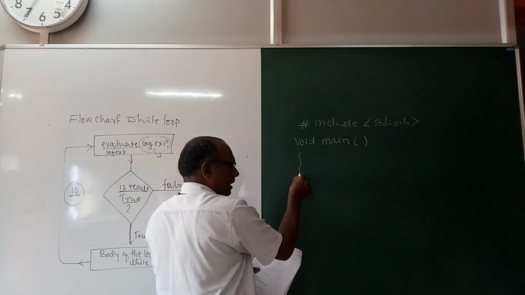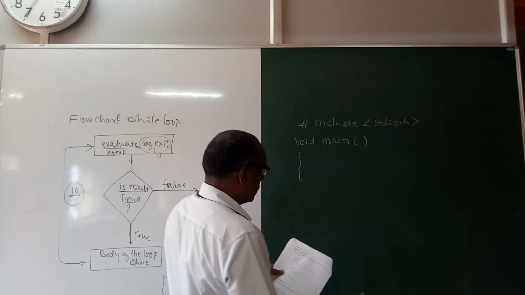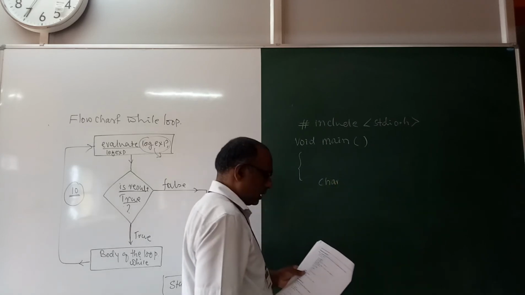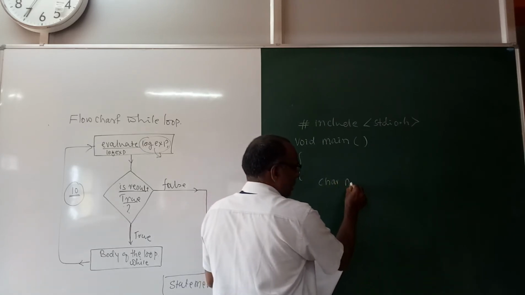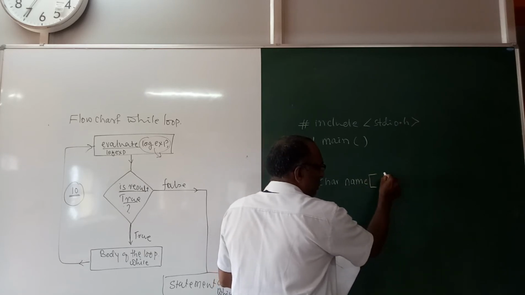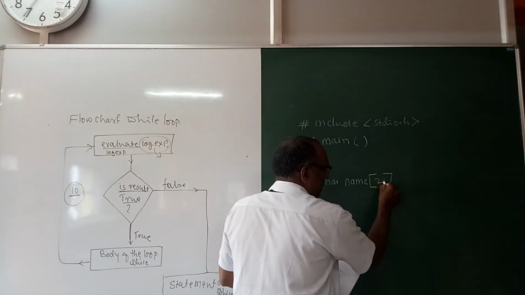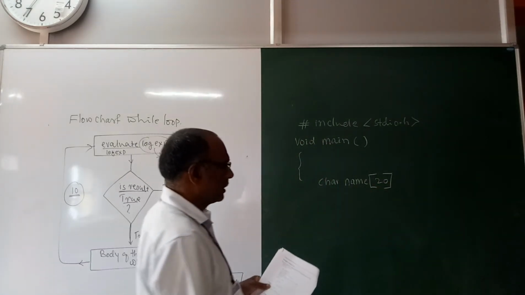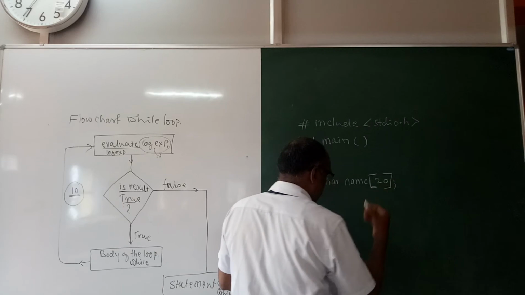Then we have the curly brace. Inside this I'll write a character variable, that is name, and the size of the field is a one-dimensional array of 20 characters. Terminate this.